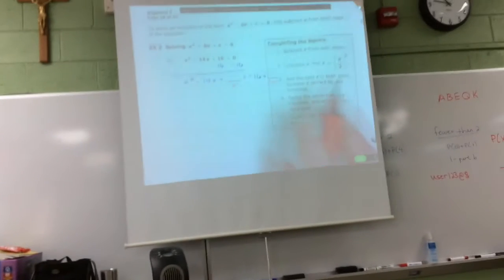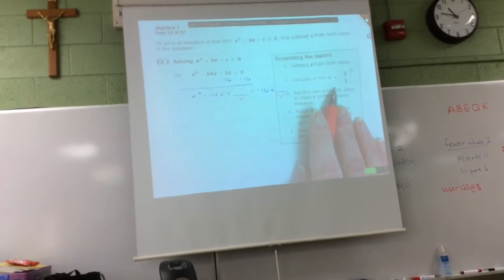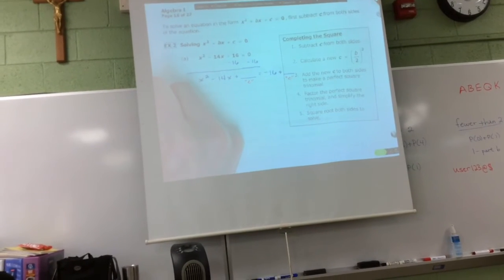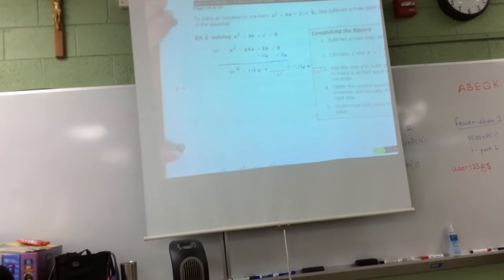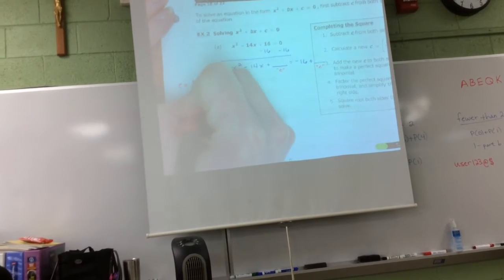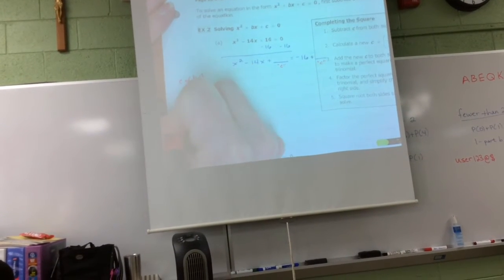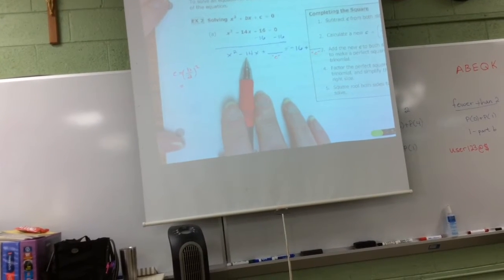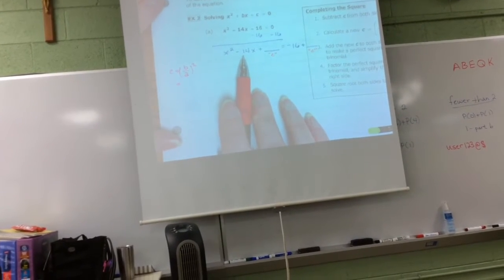So remember our formula. It is right here. C equals B over 2 quantity squared. So I'm going to do this. C equals, let's move this so you can see it, B over 2 quantity squared. And the B in my example is whatever's in front of x, that's negative 14.